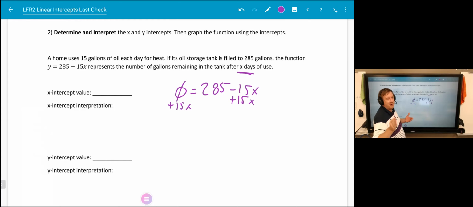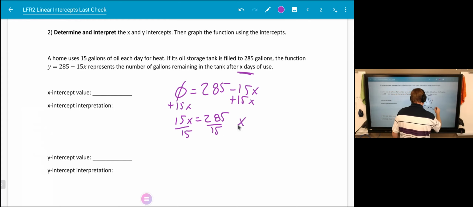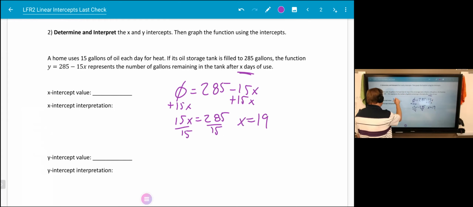This is one of those real world problems where you should end up with a positive number. X is talking about days. So if you end up with negative days, I would check your answer. And if I do that, I get 15x equals 285. Divide both sides by 15. And x equals 19.